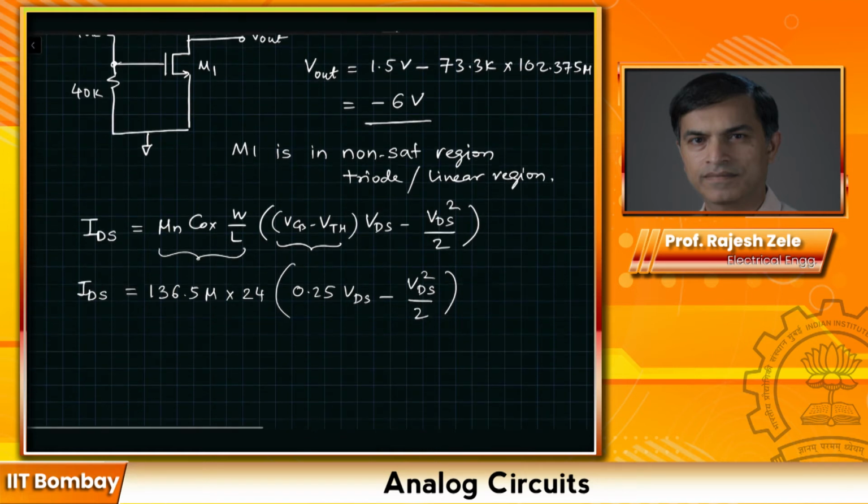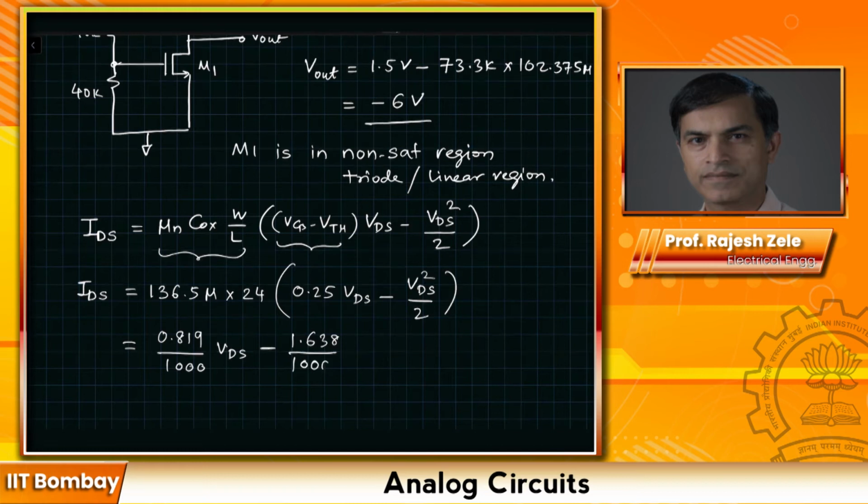We can also rewrite this as 0.819 divided by 1000 VDS minus 1.638 divided by 1000 VDS square. The second equation, this is one equation that we have.